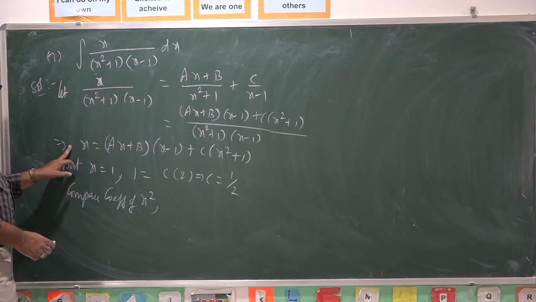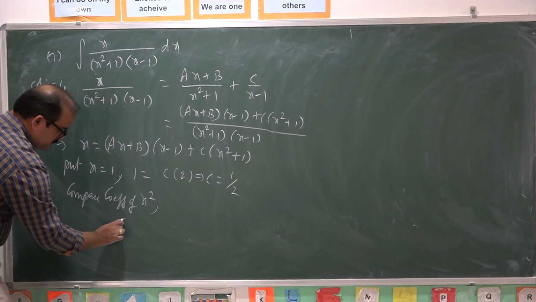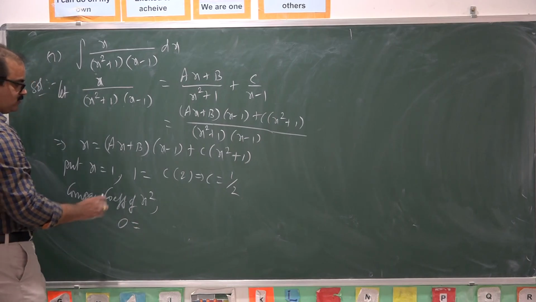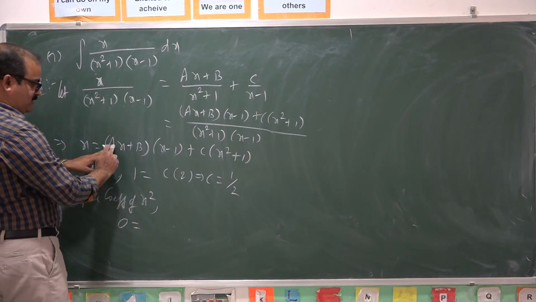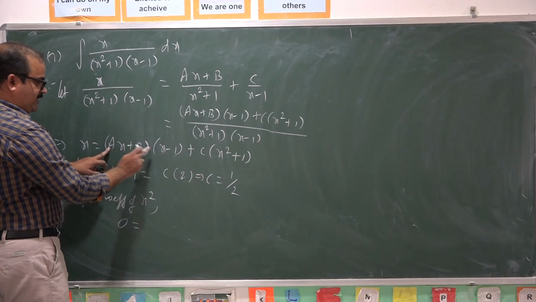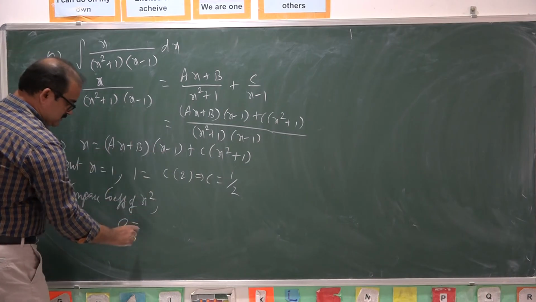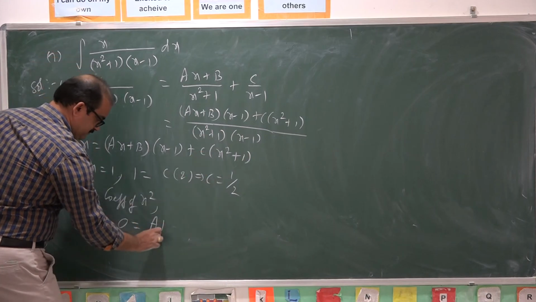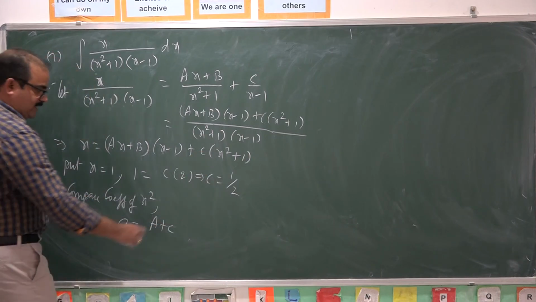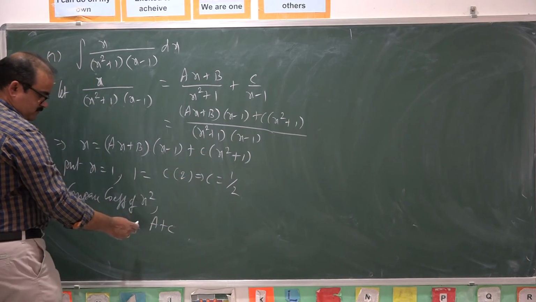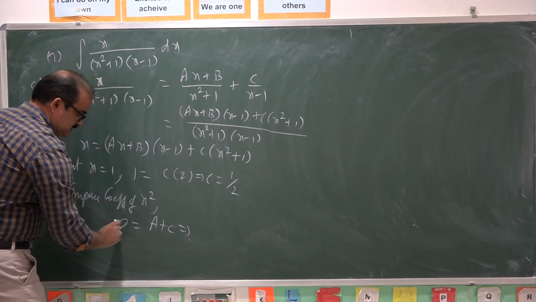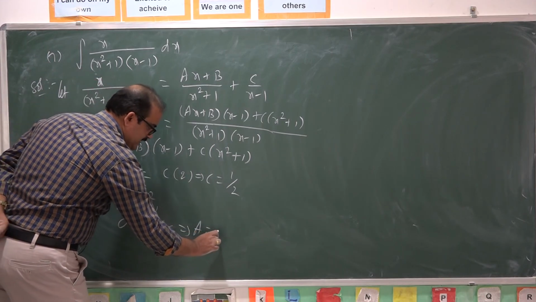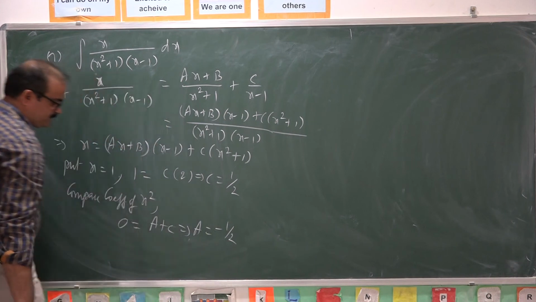Here there is no x square coefficient, so 0 is equal to the coefficient of x square in this multiplication, ax into x, x square. So the coefficient of x square is a plus c. But c is 1 by 2. a plus c is equal to 0, so a is equal to minus c, that is minus 1 by 2.